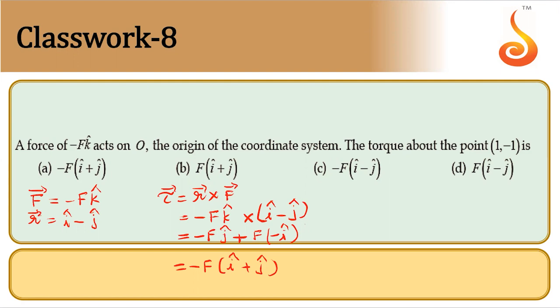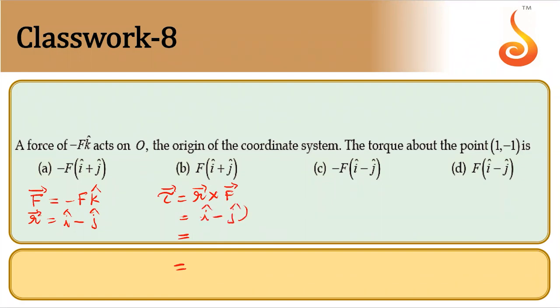Yes, made a mistake here. Please correct this. This should be reverse. So first it should be I minus j, R cross F, right? So I cap minus j cap cross minus F into k cap.